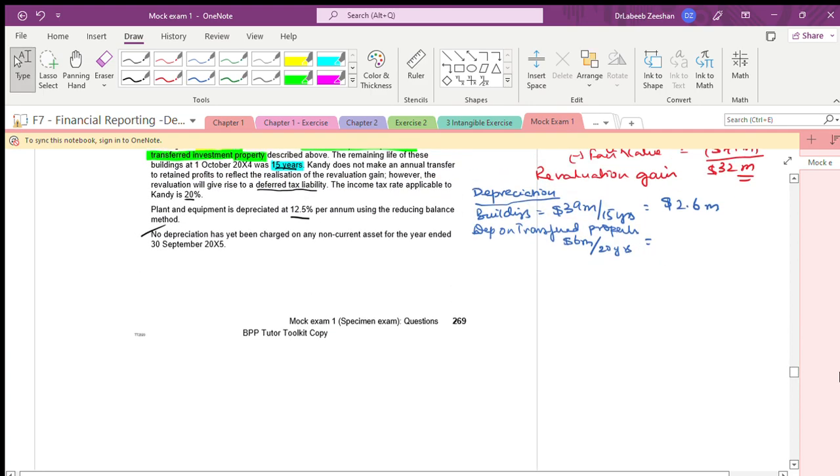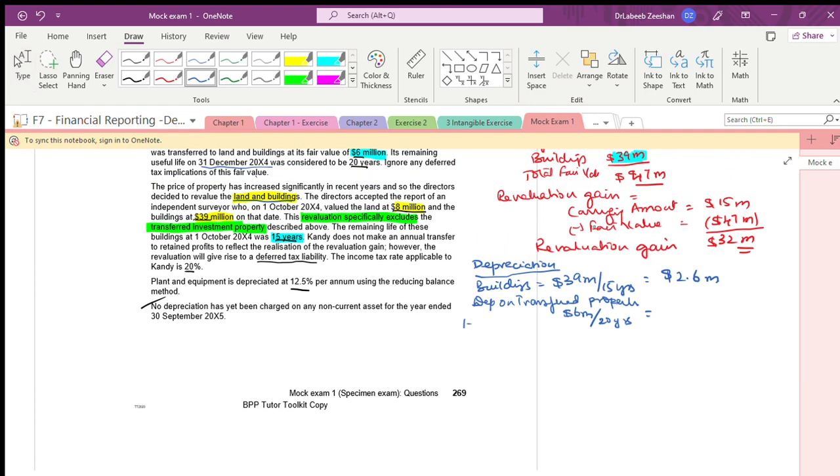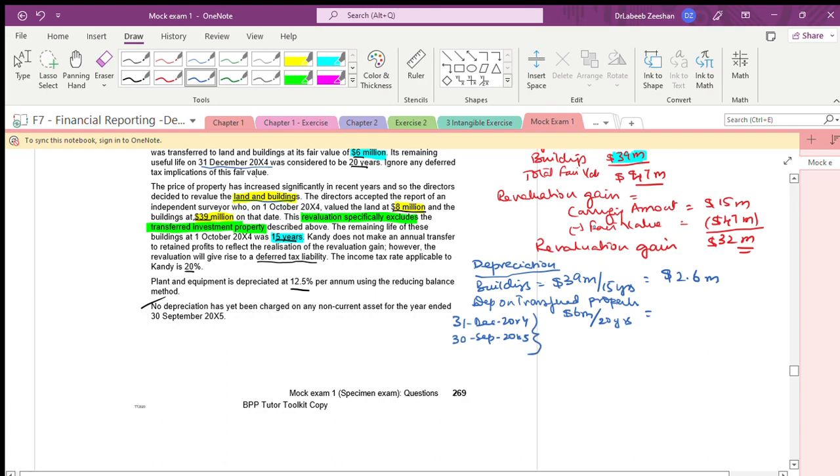This is on 31st December 2004, and we are preparing the statements on 30th September 2005. How many months is that? This is 9 months.